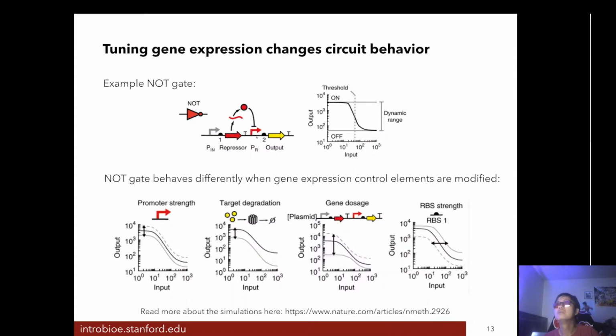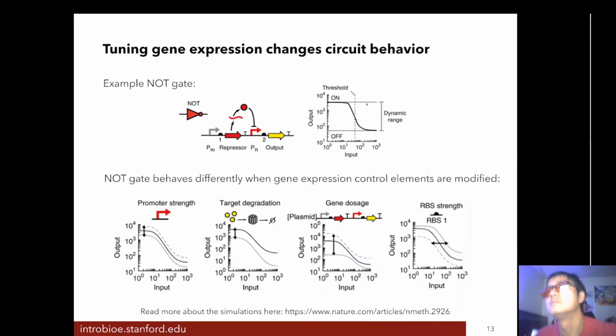And so if you turn off a promoter that's upstream of your output gene, in this case, a yellow fluorescent protein, then you'll get a transfer function or a response function that looks like this, where as you increase the amount of your input, let's say you increase the amount of arsenic present, then you will decrease the amount of observed fluorescent protein, because as you increase the amount of input, you make more repressor. That repressor turns off your output. So you get something that looks like this.